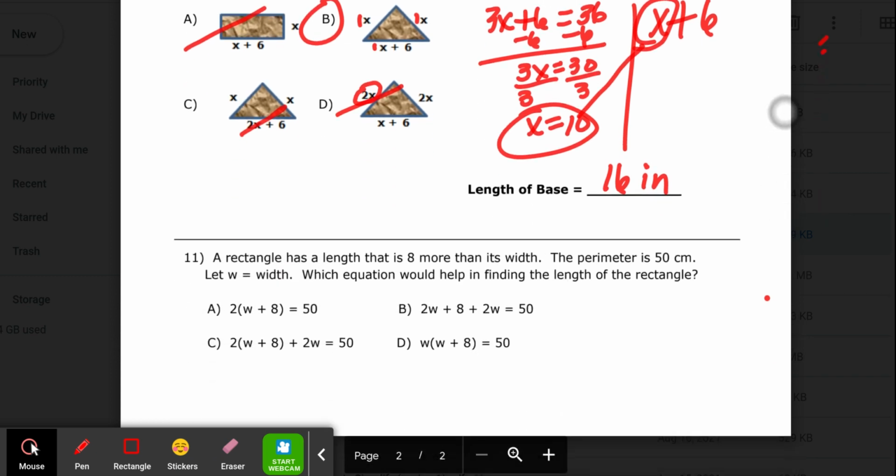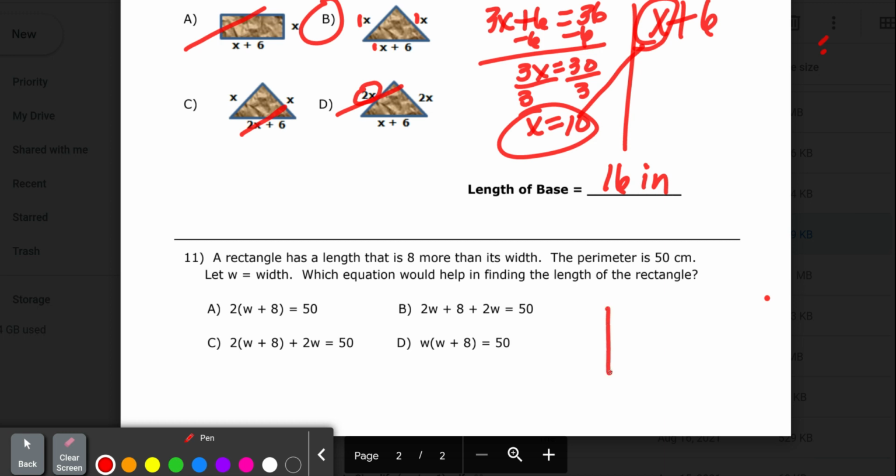All right, let's take a look at the last problem, number 11. It says a rectangle has a length that is 8 more than its width. Okay, let's see. Rectangle, the perimeter is 50. Let W be equal to width. Which equation would help in finding the length of the rectangle? So we don't have to solve it.